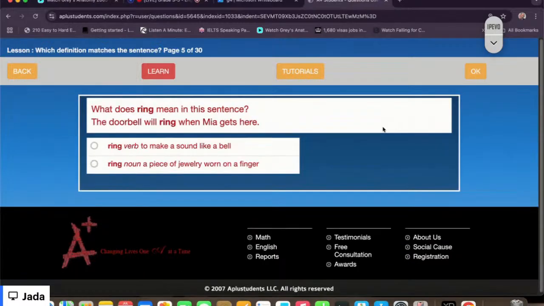The doorbell will ring when Mia gets here. What does ring mean here? Is it the verb or noun?